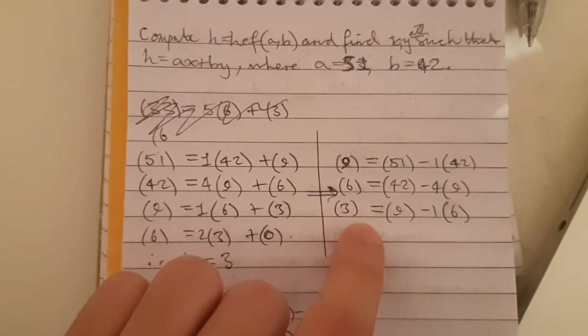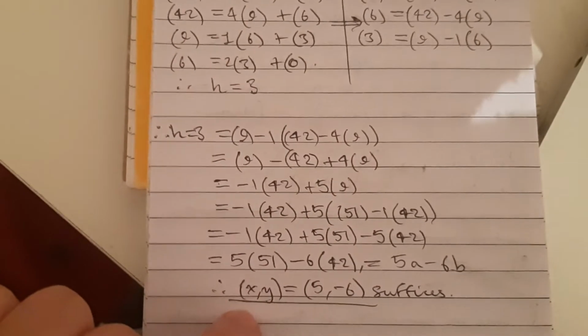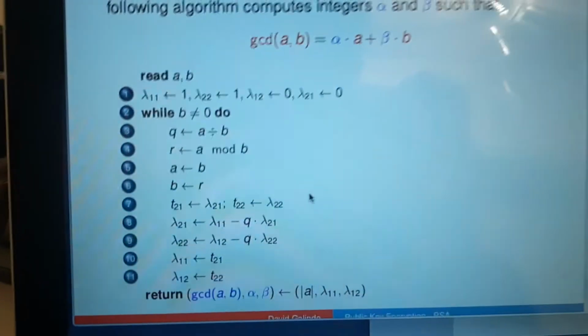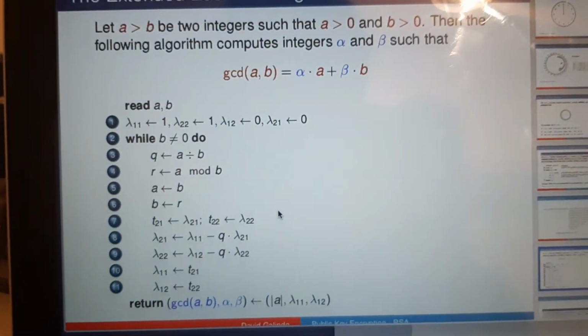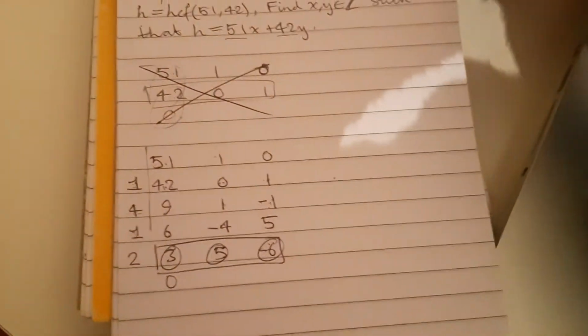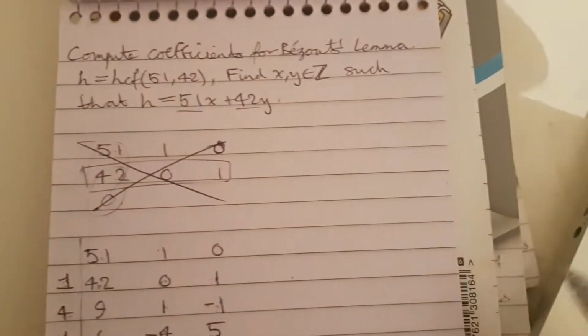Then we make the remainders the subjects, and we can do some manipulation and find x and y, which satisfy Bézout's lemma here. Now there's a nice computational algorithm, detailed here, which you can do with pen and paper quite nicely. So I'll explain that now.